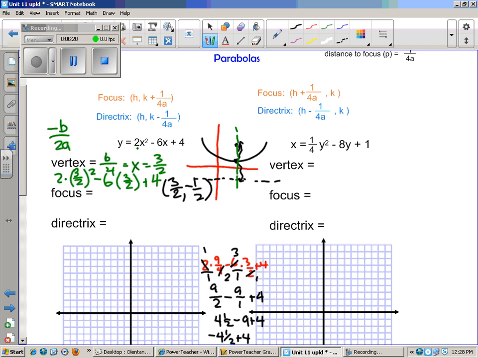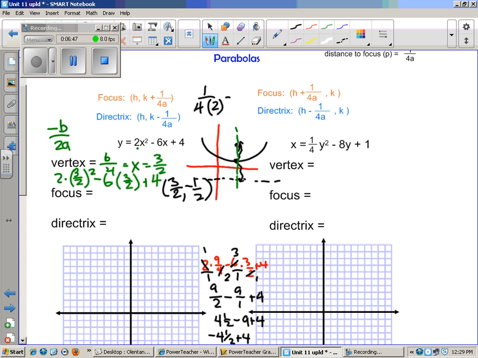Okay? Now I need to know how far away the focus and the directrix are. And so to calculate the distance between the vertex and the focus, or the vertex and the directrix, is 1 over 4a. So to calculate the distance, I do 1 over 4 times, and a is 2.